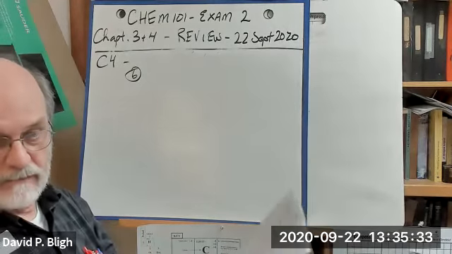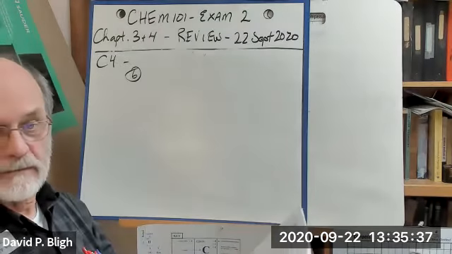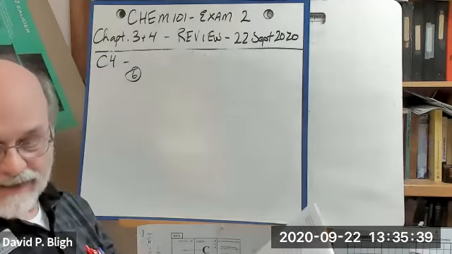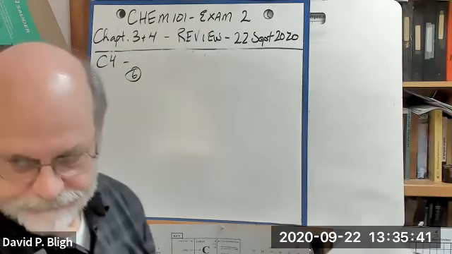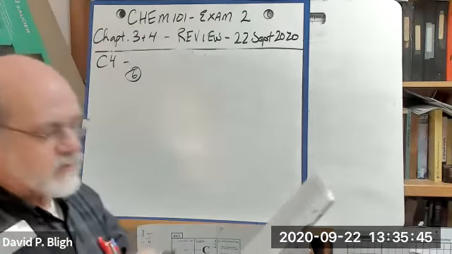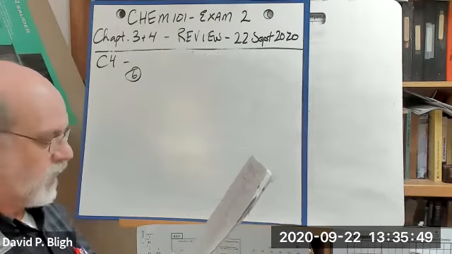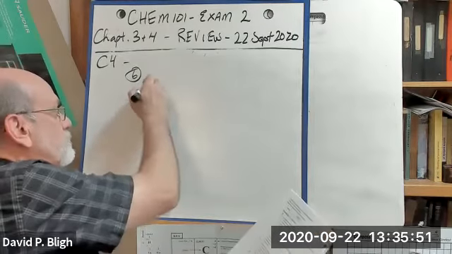Sulfuric acid. Strong, that's correct. HNO3, nitric acid. Nitric acid is a strong acid. Oh, weak acid, they called it wrong. B is paired incorrectly.